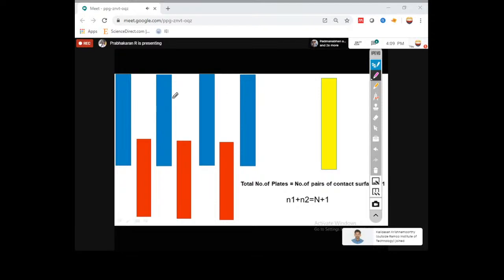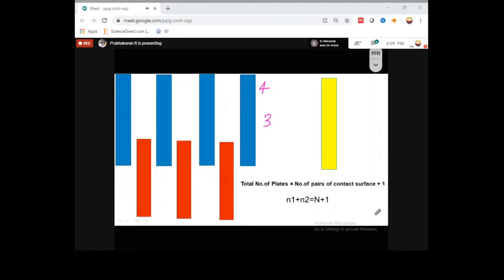Here the driving plates are 4 and the driven plates are 3, so the total plates are 7. We can easily understand the total number of plates, 7, from the diagram.